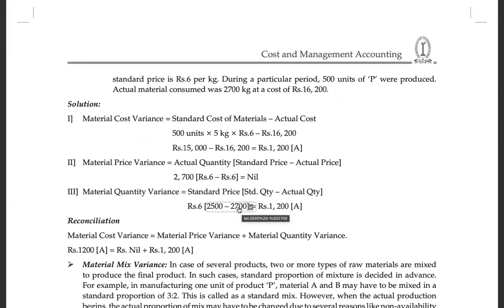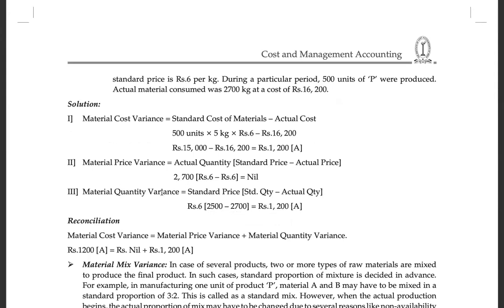It is a negative or adverse value. So this minus value multiplied with the standard price gives a minus 1200, a negative variance. In variance analysis, we denote it with A, indicating that it is adverse. So adverse, 1200 rupees adverse.